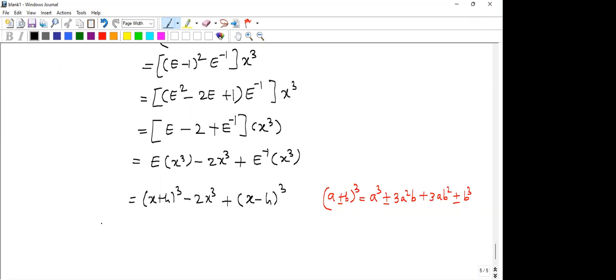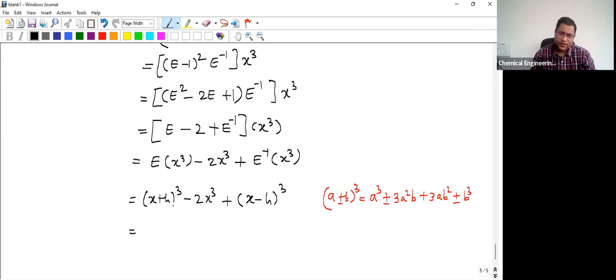Okay, so let us expand this. So we can have x cube plus 3x square h plus 3x h square plus h cube. Is that okay?